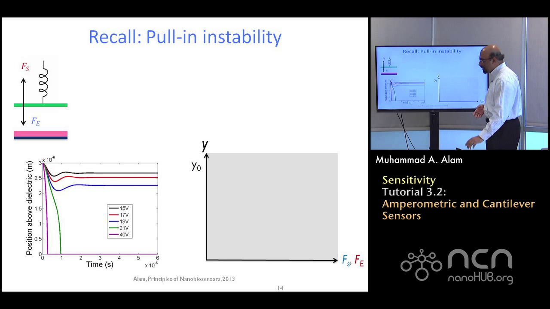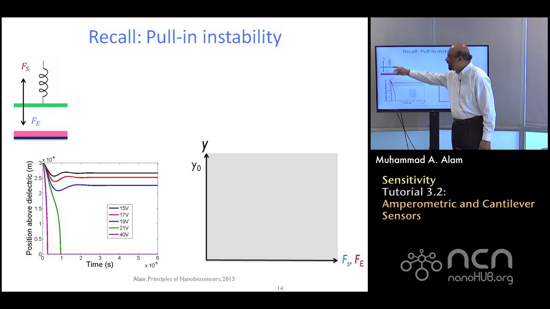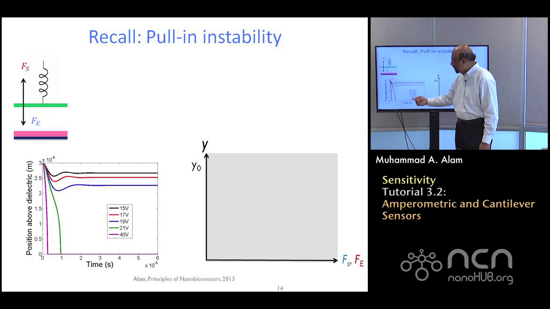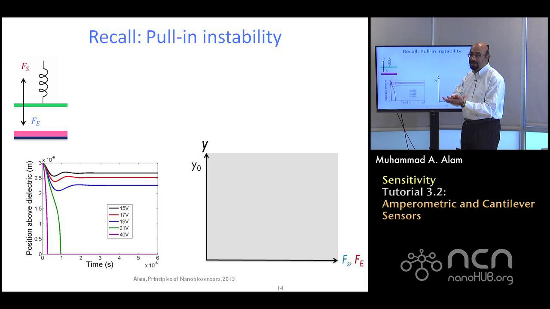So you may remember that this is something we did in the class. If you have this green beam being pulled by this pink bottom electrode, then what happens is that for every voltage you apply, it generally goes down, oscillates and stops at a point. And then if you keep doing it, around about 20 volts for this particular example, then it will snap shut. So for all biosensing applications, we have to stay below this voltage. In this particular case, 20 volts.